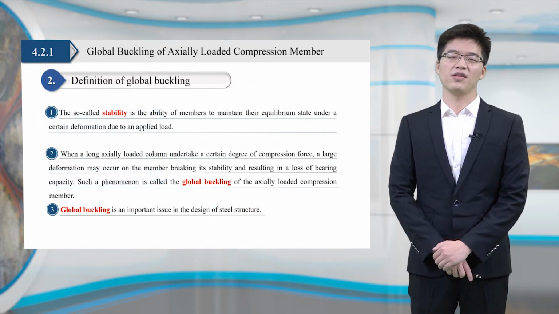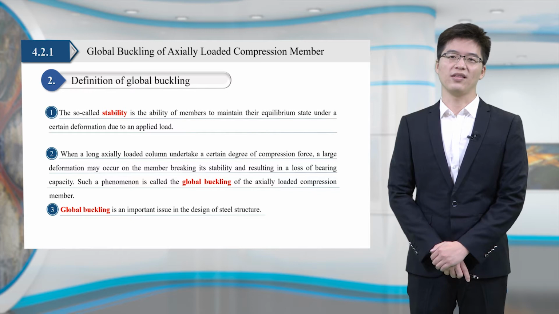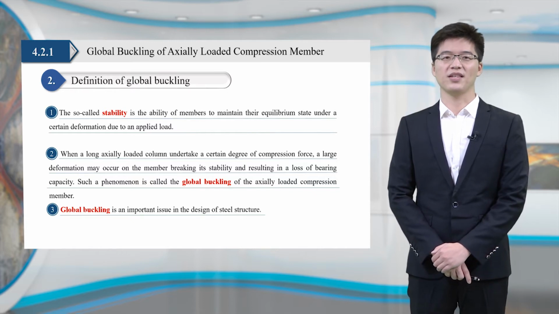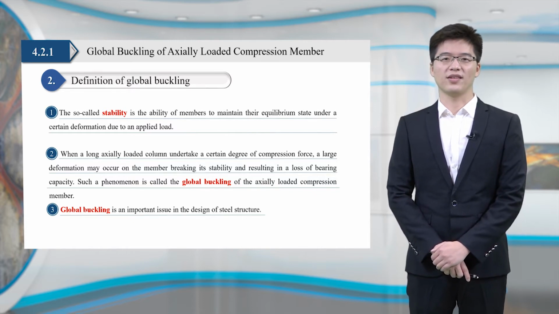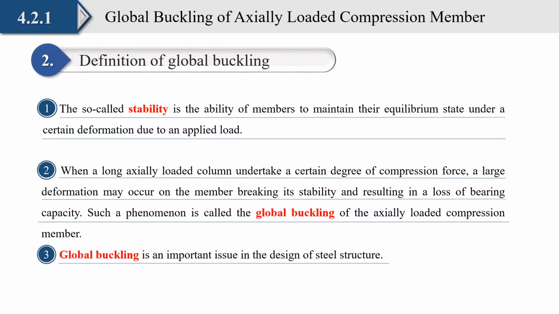Since we have mentioned the words stability and buckling, here let's figure out some basic concepts. What is the stability of a structure, and what is the global buckling of axially loaded compression members? Well, the so-called stability is the ability of members to maintain their equilibrium state under a certain deformation due to an applied load.